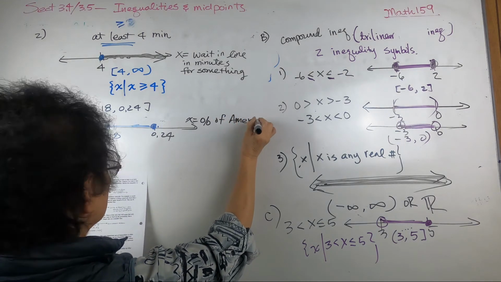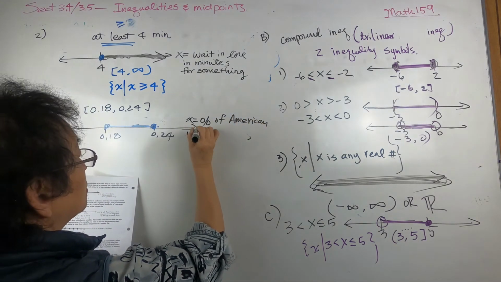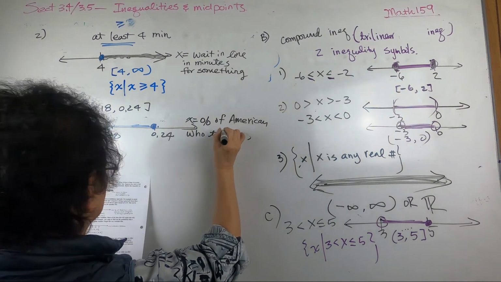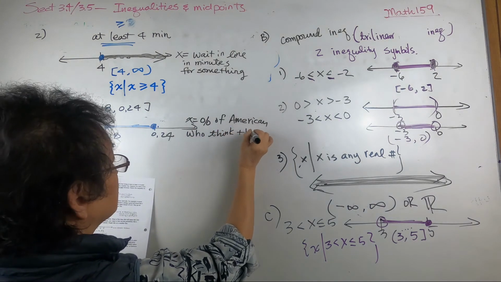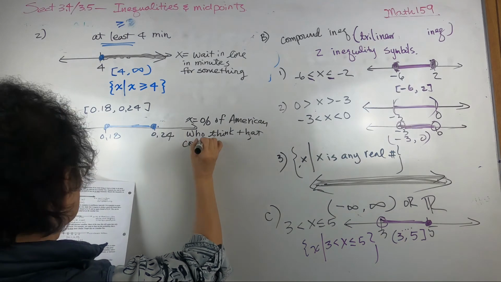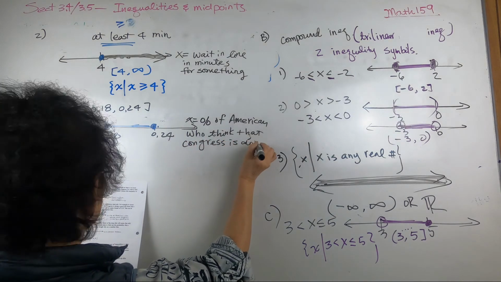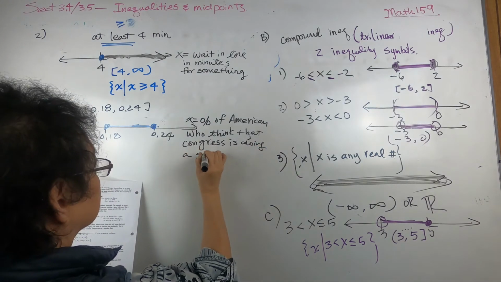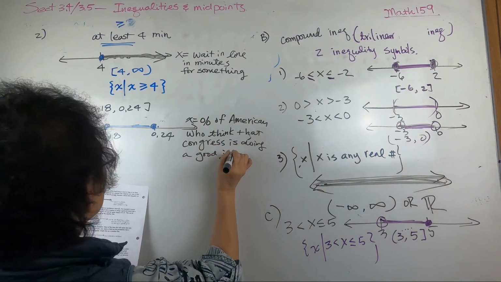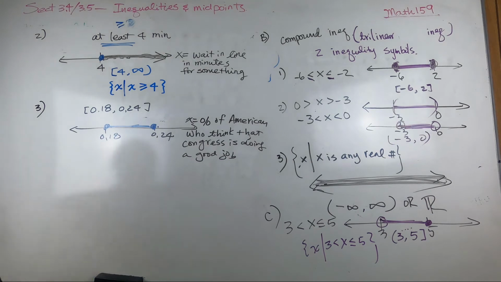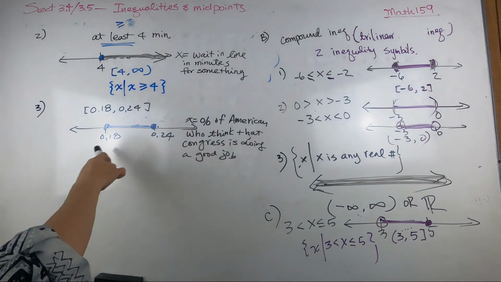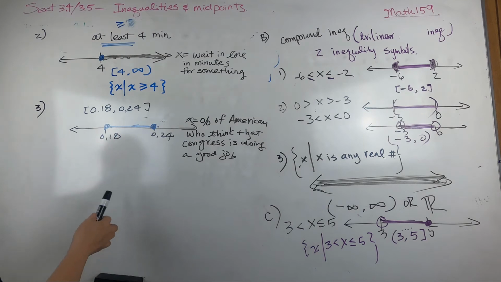That's what we are talking about, right? Who think that Congress is doing a good job. It's about 18% to 24% of people think Congress is doing a good job. Okay? Then that's the frame of reference we are going to study, right?